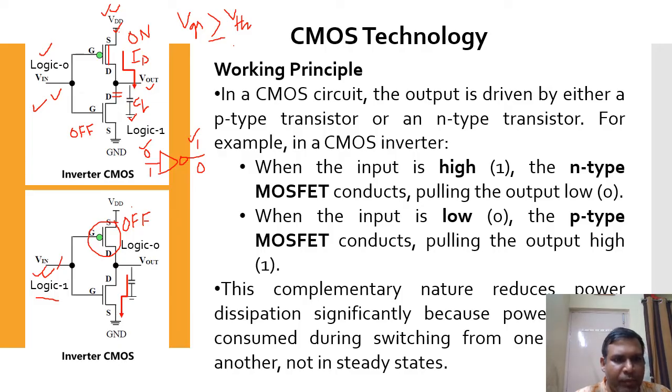Now for the n-type MOSFET, when we apply a gate to source voltage greater than the threshold voltage, meaning a high positive voltage, what will happen here? Which one is the minority charge carrier?